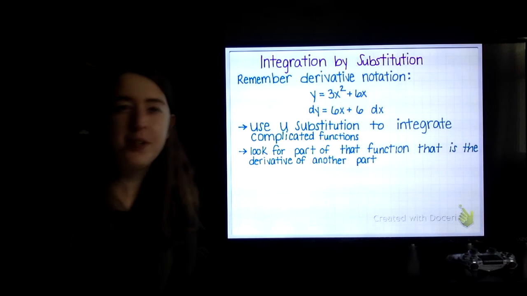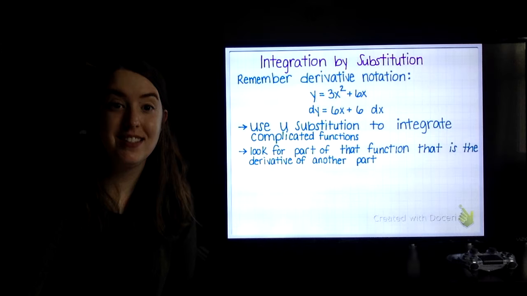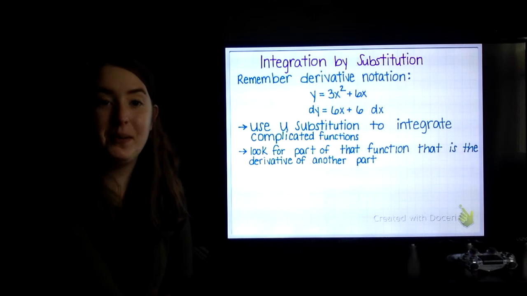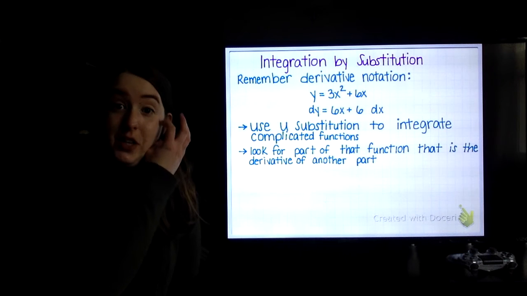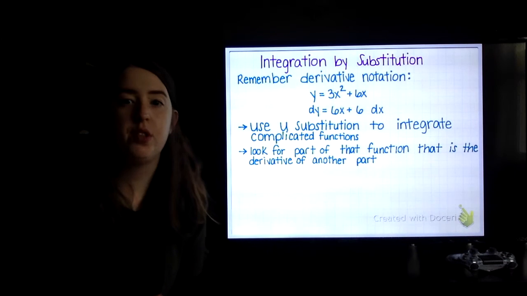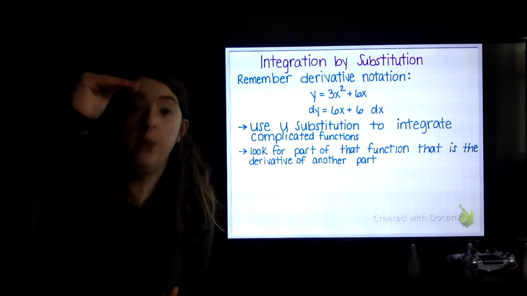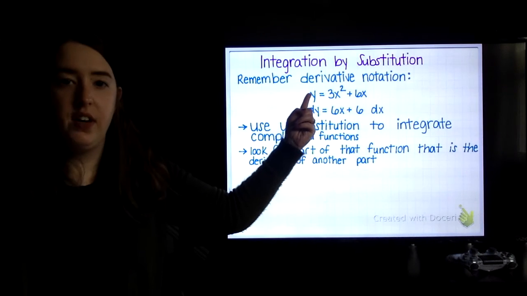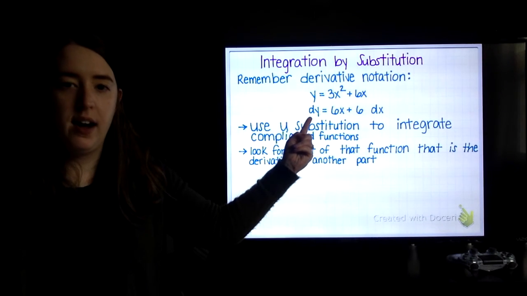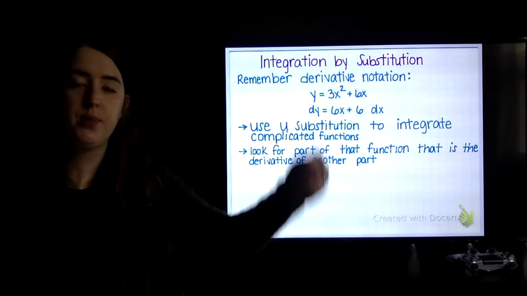Anyways, let's talk about derivative notation, so hopefully this will make a little bit more sense. If you remember, when we had an equation of y equals 3x squared plus 6x, and we took the derivative, we ended up with dy over dx, because when we took the derivative of y, that's dy, and the derivative of this, dx.